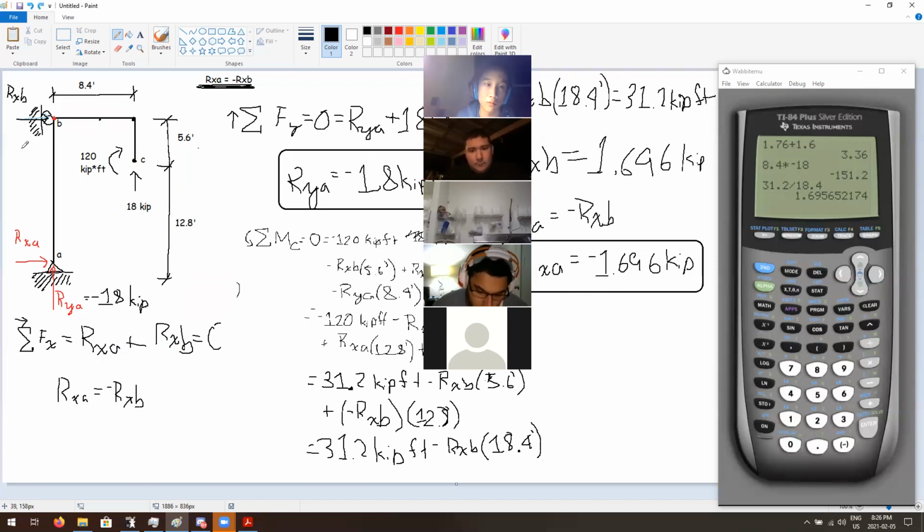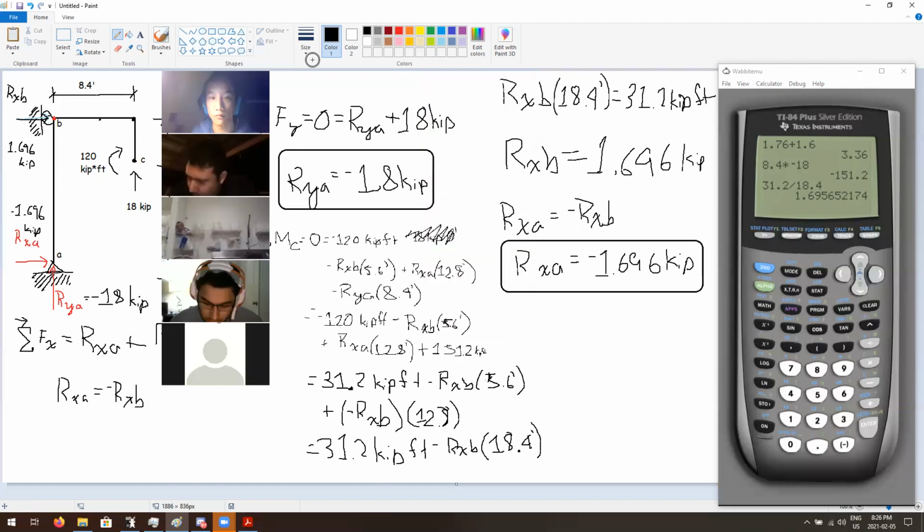And RAY equals negative 18 kip. And those are your two answers for number 4. RAY is negative 18 kip, RAX is negative 1.696.